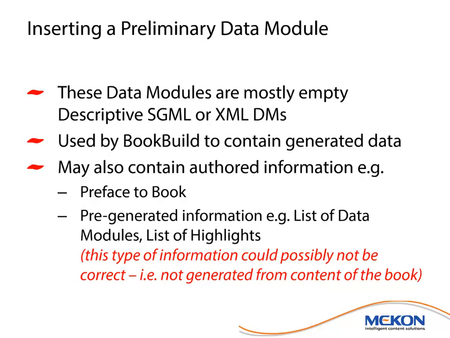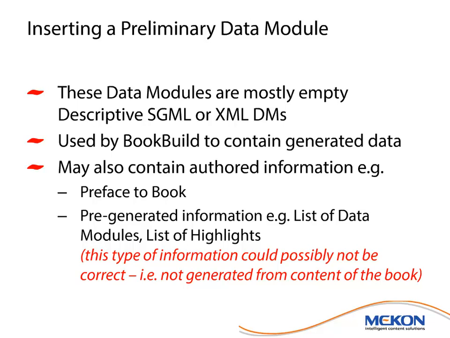Most of the preliminary data modules are empty ones, descriptive, and they can be HTML or XML, and mix them if you wish. And they're used by the BookBuild to contain generated data. They may also handle authored information, for example, like the preface to the book.